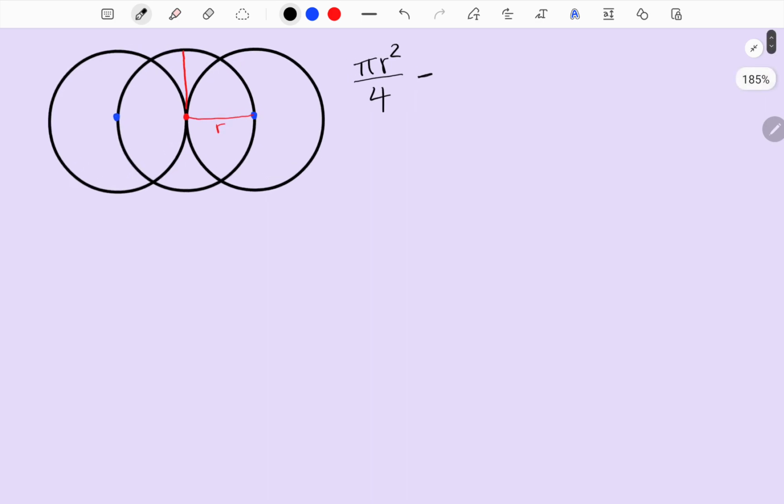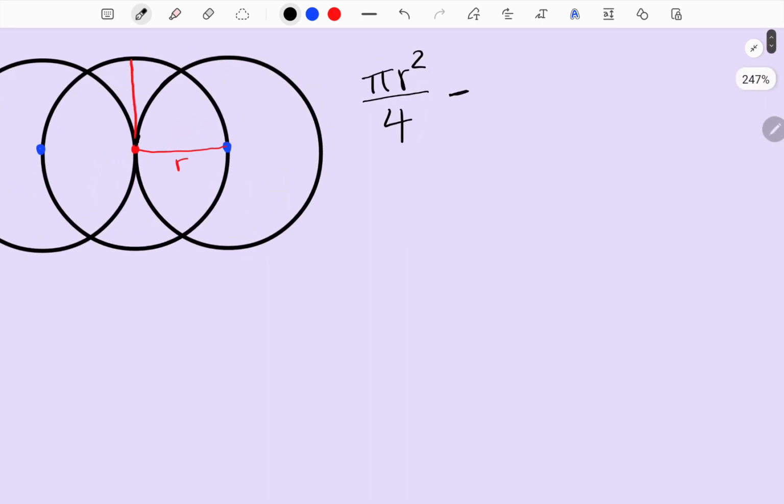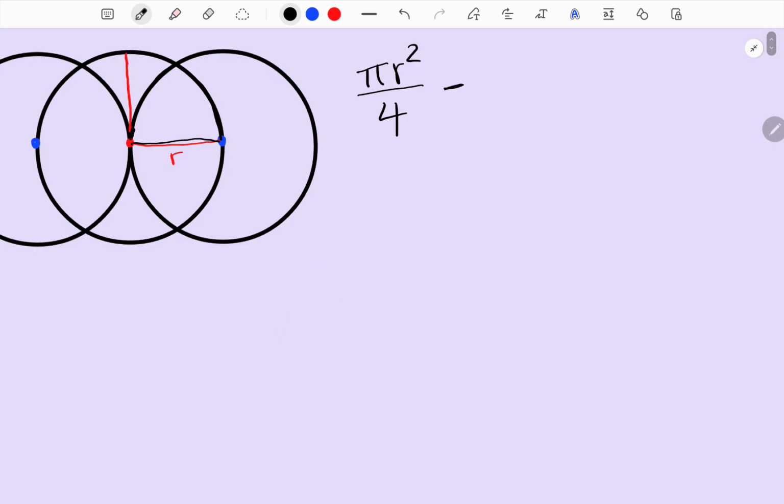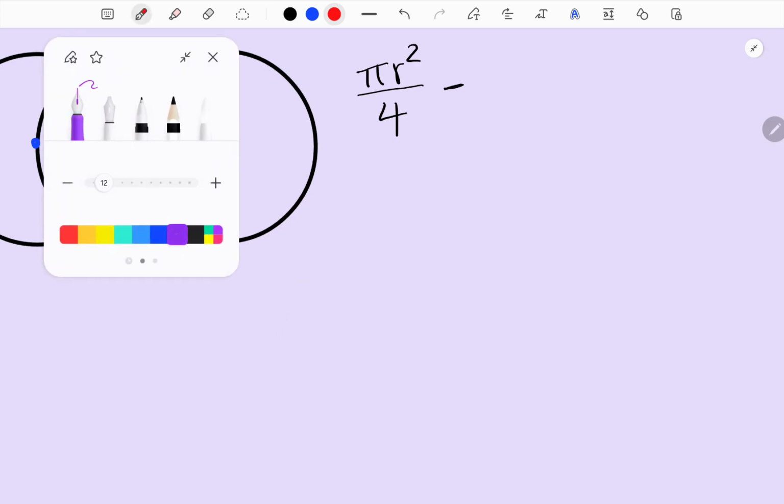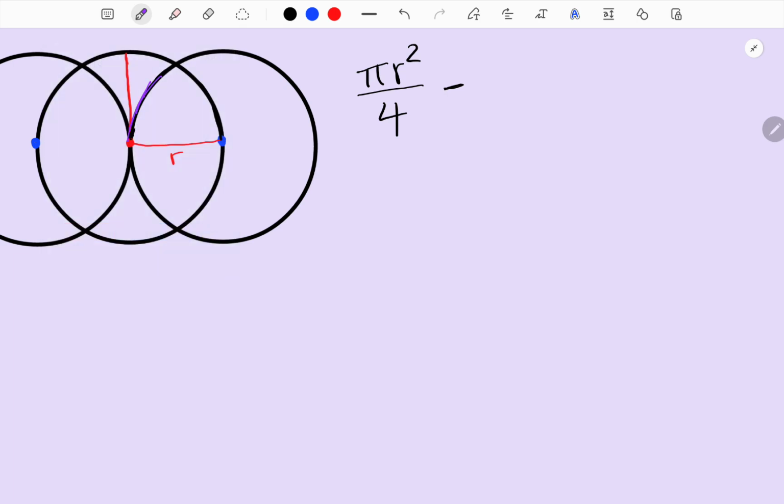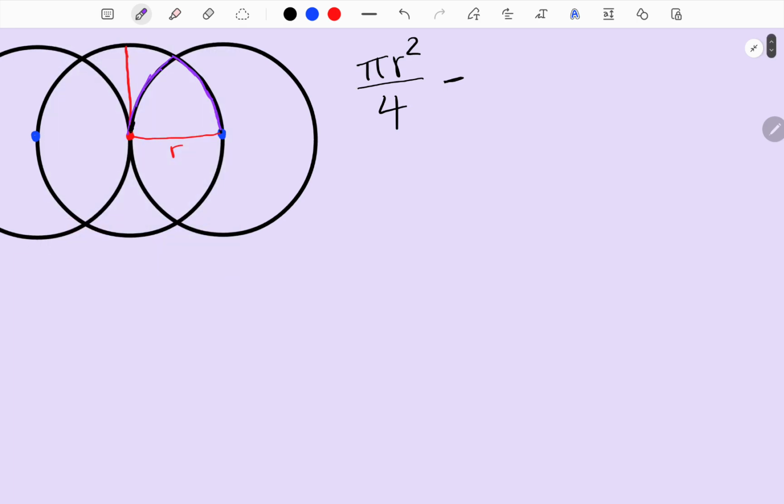Now let's take a look at this weird shape. I don't know what it's called, but the base is flat. Let me use a different color, purple.